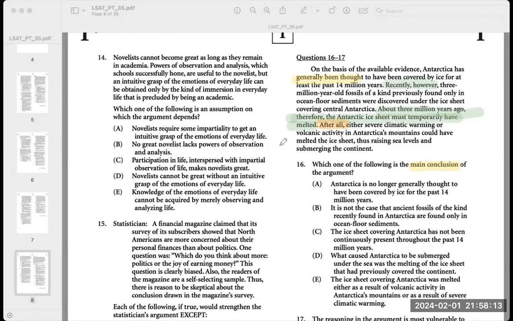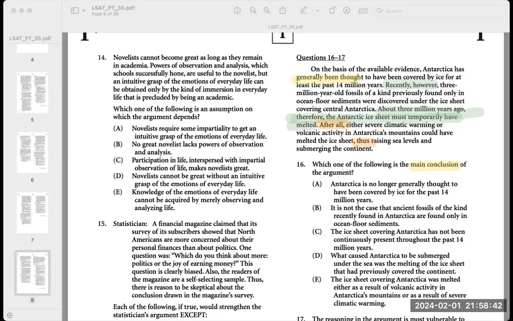After all, either severe climatic warming or volcanic activity in Antarctica's mountains could have melted the ice sheet, thus raising sea levels and submerging the continent. So this strikes me as a subsidiary or intermediate conclusion, as opposed to the final conclusion.